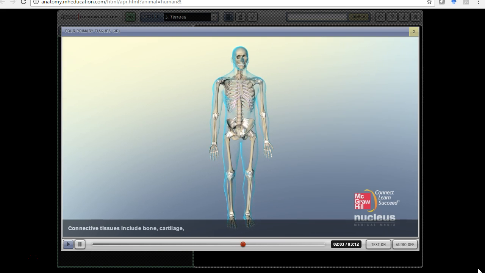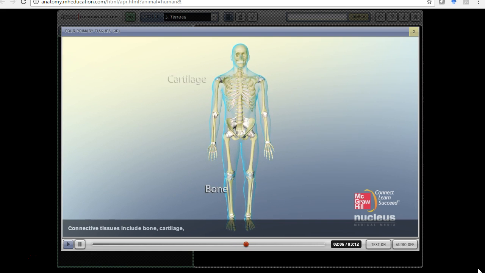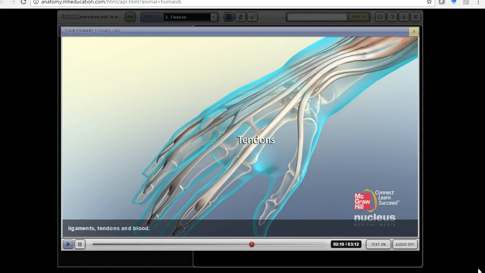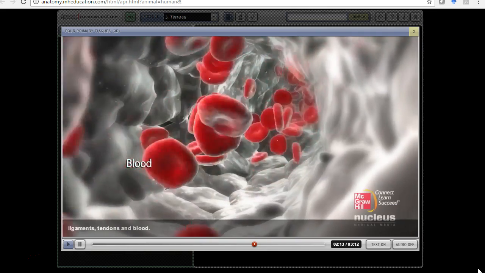Connective tissues include bone, cartilage, ligaments, tendons, and blood.